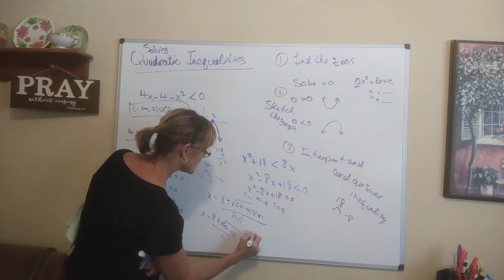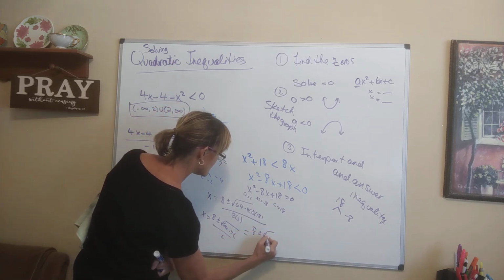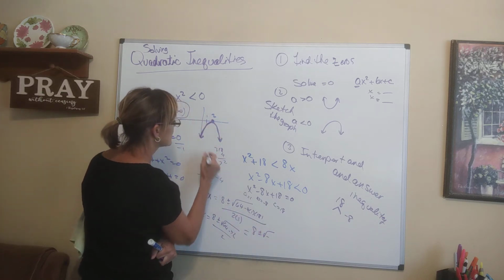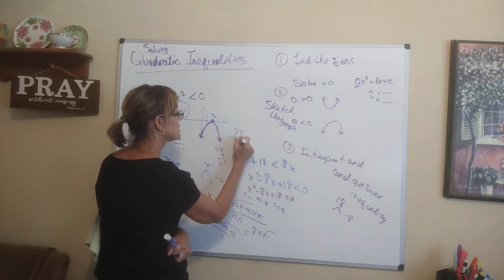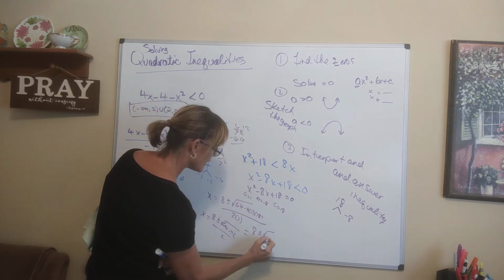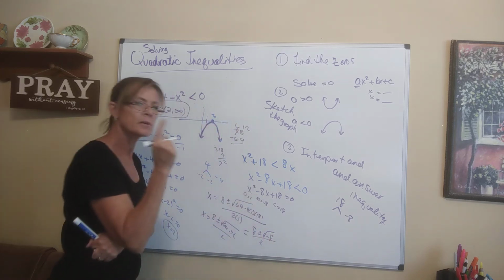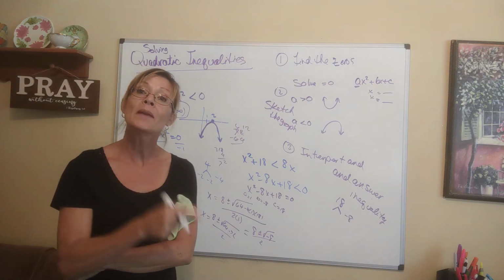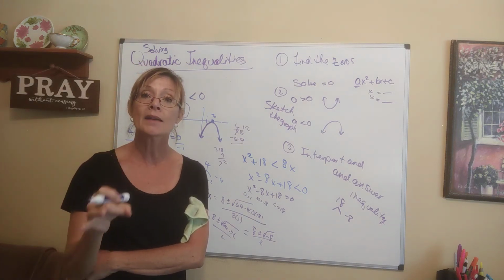Oh my goodness, my discriminant is negative. 64 minus 72 is negative 8, over 2. But the fact that the discriminant is negative means my zeros are going to be imaginary.